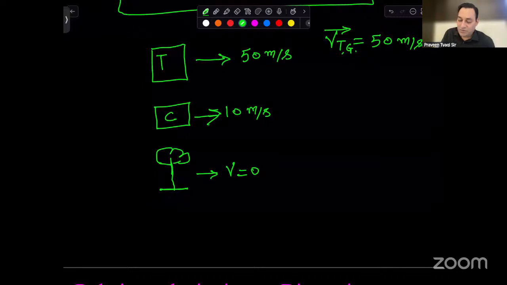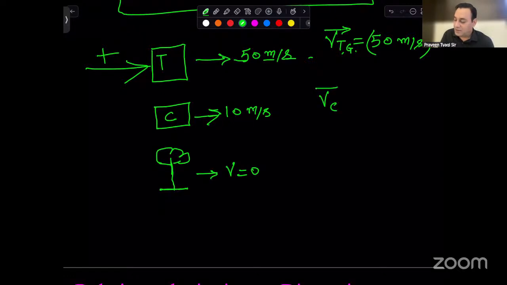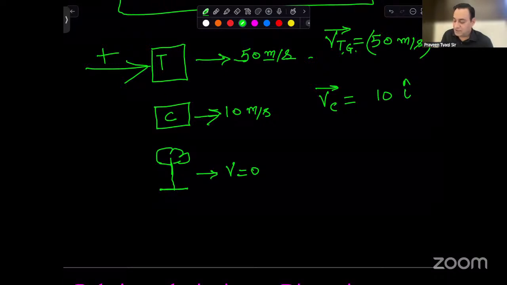Now, I assume this direction to be the positive direction of x-axis. So I can say this is 50 i cap, a unit vector in that direction. Similarly, velocity of car can be written as 10 i cap with respect to ground, and velocity of the ground or the tree is 0.